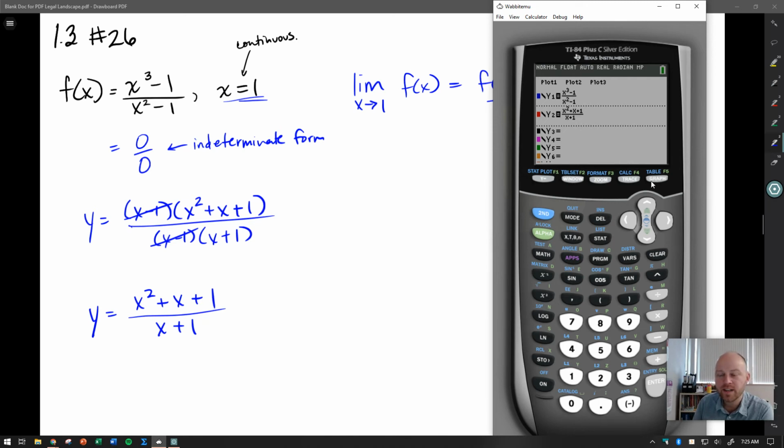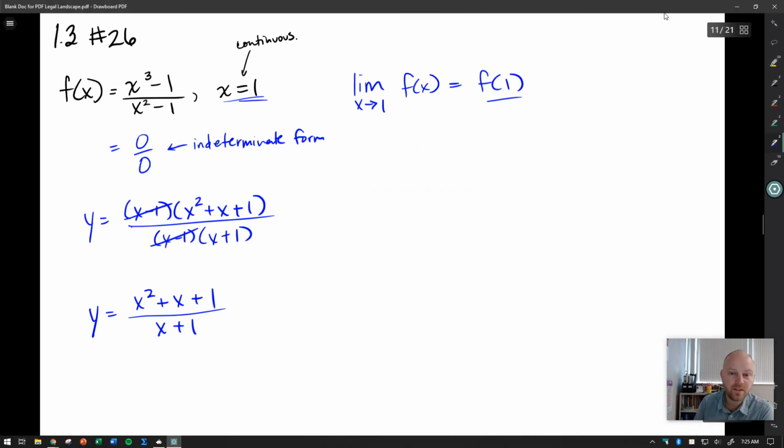Before we hit enter, if this truly does what we want it to do, this function y will agree at all but one point. And that one point where it will disagree will be where the hole was in f. And we should have a continuous and smooth function there. So let's take a look at the graph. Here it comes in red, right on top of the old one. And the hole got filled. So perfect, that did exactly what we want it to do.